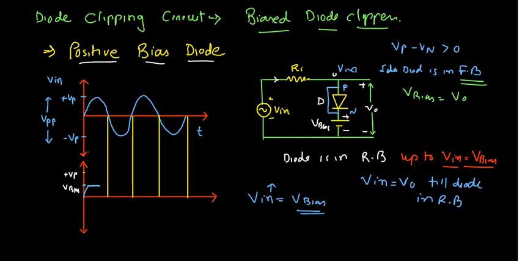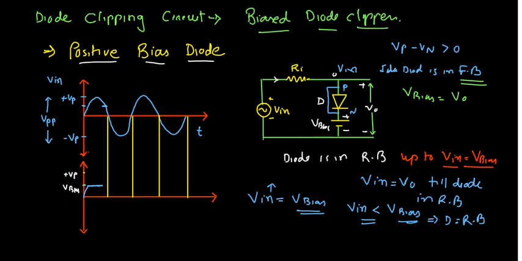Now what will happen at one point, once again, this V input is trying to go less than V bias, and at that time once again this D will be reverse bias.